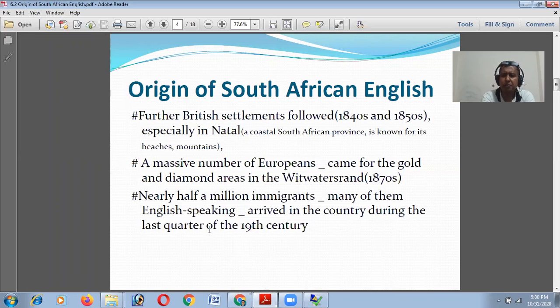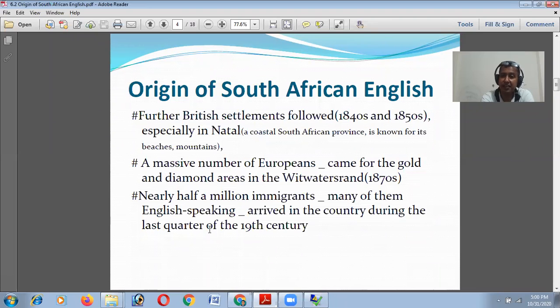A massive number of Europeans came for the gold. We know that in South Africa there are several gold mines, and attracted by this gold and the diamond, many Europeans went to South Africa, and especially they went to the Natal area.